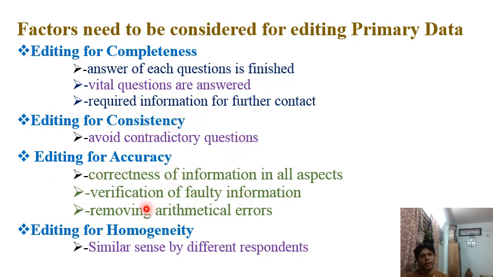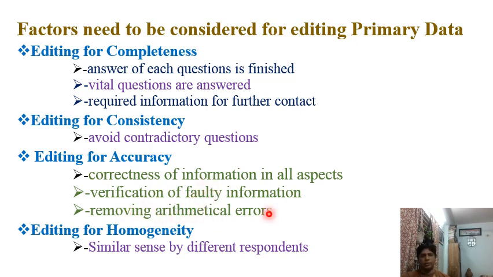Editing for accuracy. What is accuracy? Accuracy is the correctness of information in all aspects, and verification of faulty information. If there is any misleading or faulty information provided by the interviewee, we must consider this matter seriously.